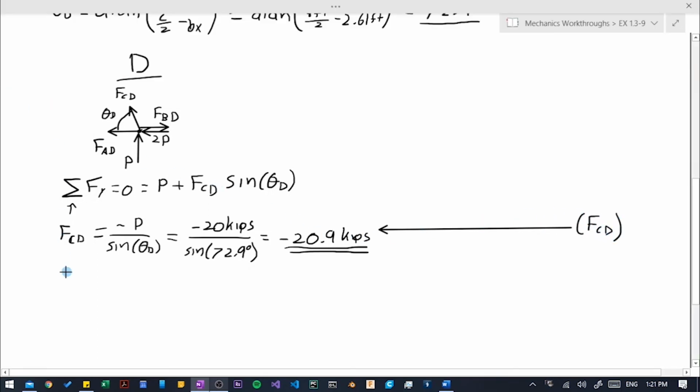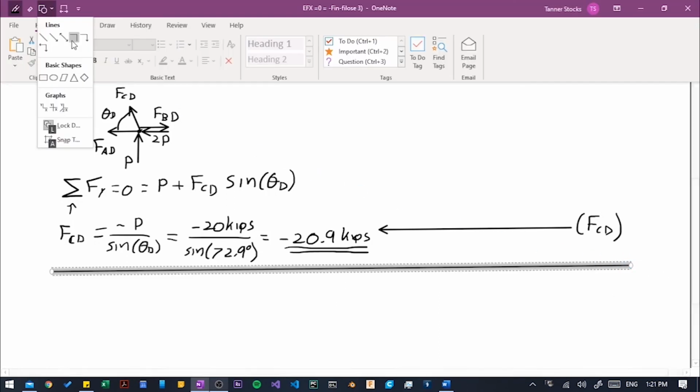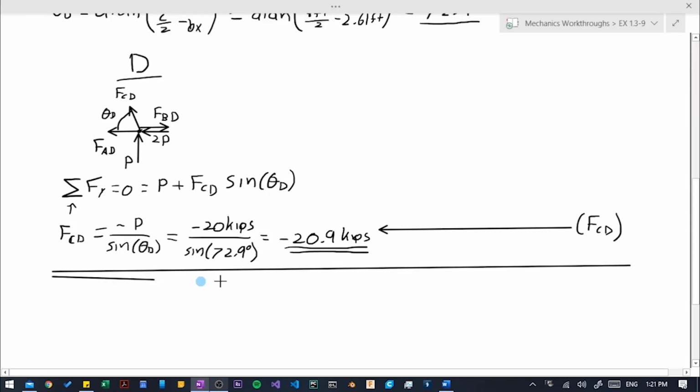And that is the last force that we need to find. So we're done, and we draw a double underline under our work.